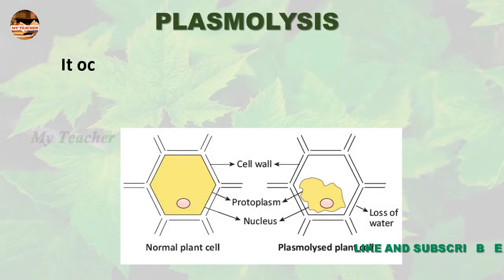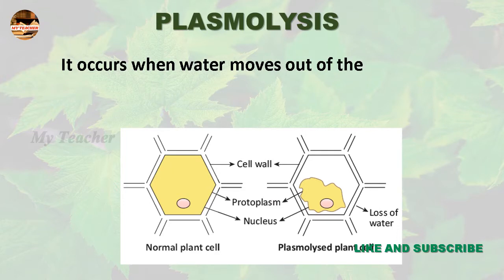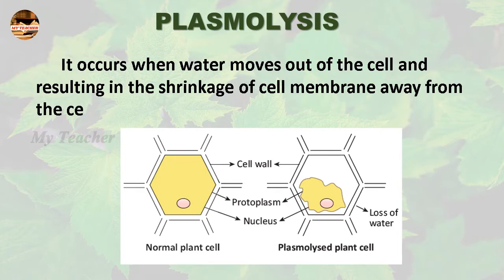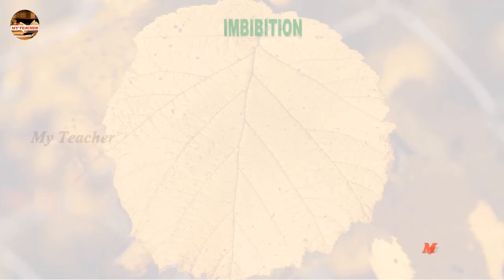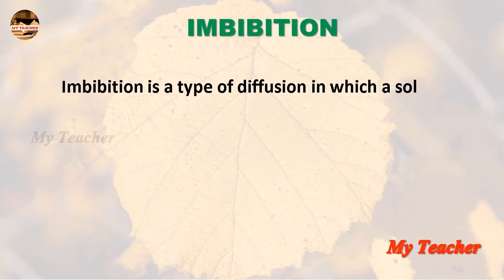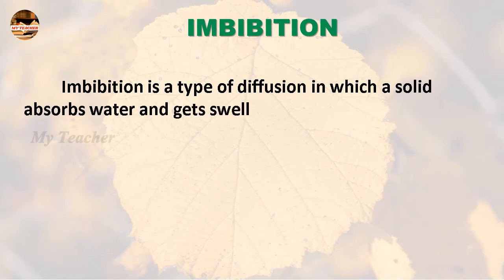Plasmolysis. It occurs when water moves out of the cell, resulting in the shrinkage of the cell membrane away from the cell wall. Imbibition. Imbibition is a type of diffusion in which a solid absorbs water and gets swelled up.